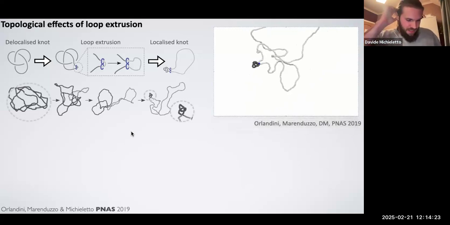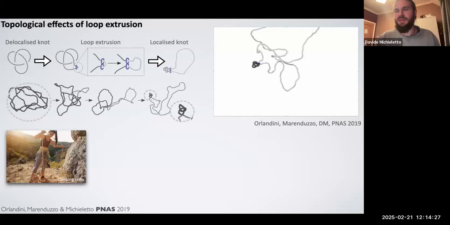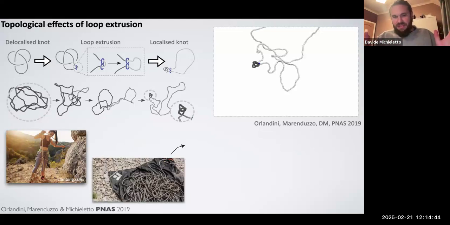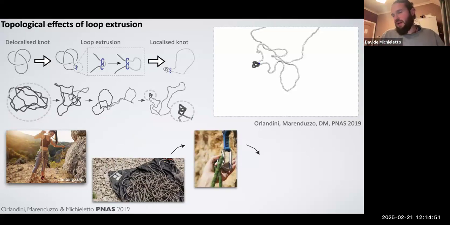I always think about this mechanism as sort of a climbing rope analogy. I'm not sure if anyone climbs in the audience, but before you start to climb, you want to make sure that your rope does not contain knots, because otherwise it gets trapped on the belay. So what I typically do before going to climb is get my messy rope, which might have a knot in there, and very likely it does, and I pass it through a carabiner.